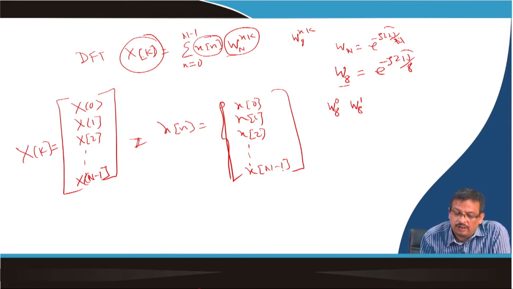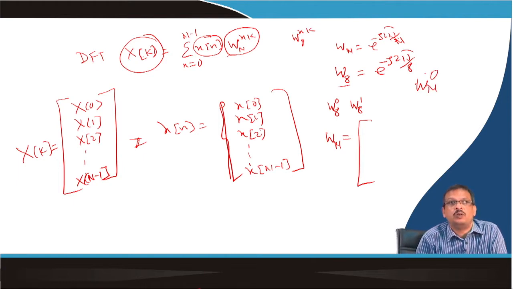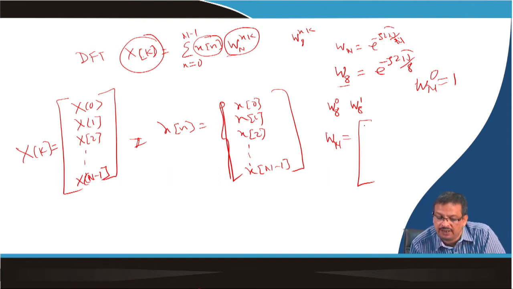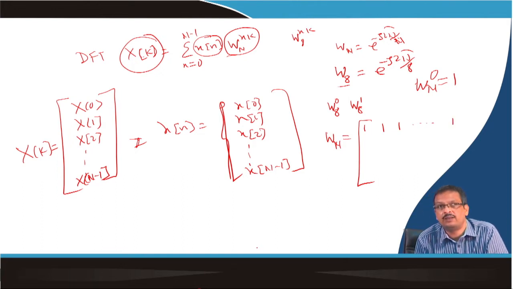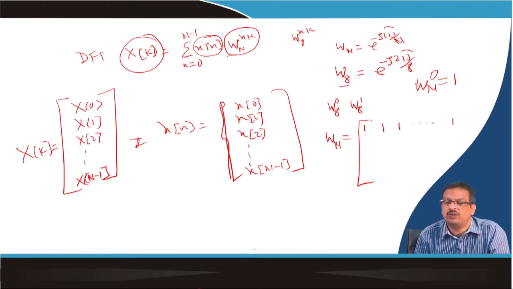Now what is the W_N matrix? When I put k equal to 0, W_N to the power 0 is nothing but 1. So the upper row of the matrix is 1, 1, 1, 1, up to W_N to the power N minus 1 times 0.